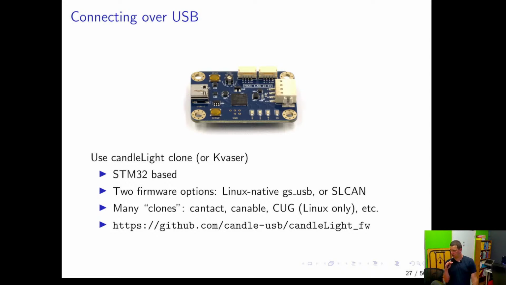And then one called SLCAN, which is serial over CAN. This is what you'd have to use on Windows, and it's not great. It kind of works, but it's very laggy. But anyway, these clones are the way to go. If you have a corporate credit card, Quasar makes really good adapters, but they're $300, $400, $500, $600.